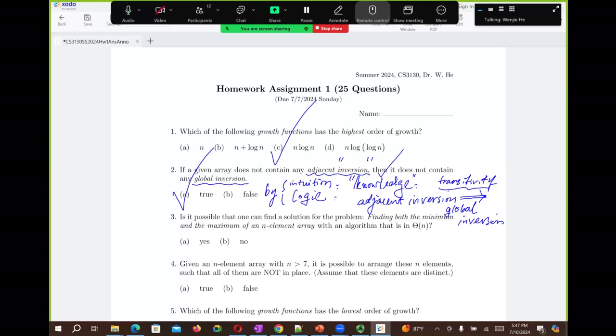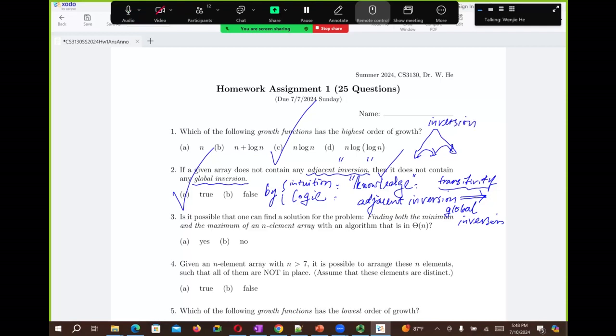Okay, yeah. So we talk about the transitivity property in class. Because you have one adjacent inversion, another adjacent inversion, then these 2 elements are also an inversion. That's the transitivity. Okay?